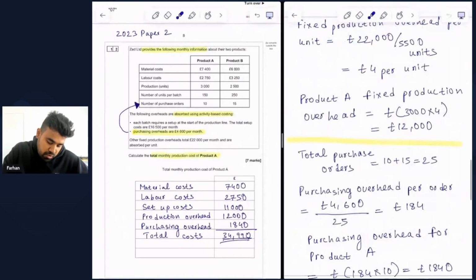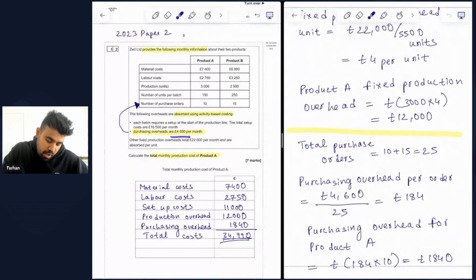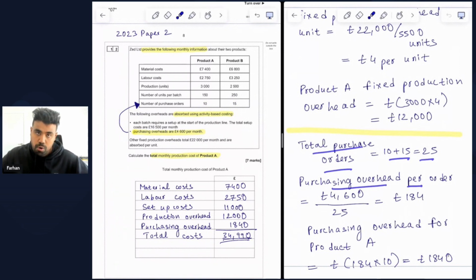The purchasing overheads, on the requirements of the question, are given at £4,600 per month. And this is directly relevant to the number of purchase orders. As you can see, for product A, it's 10, and for product B, it's 15. So total purchase orders, 10 plus 15, 25. What I want to do now is find the purchasing overhead per order.